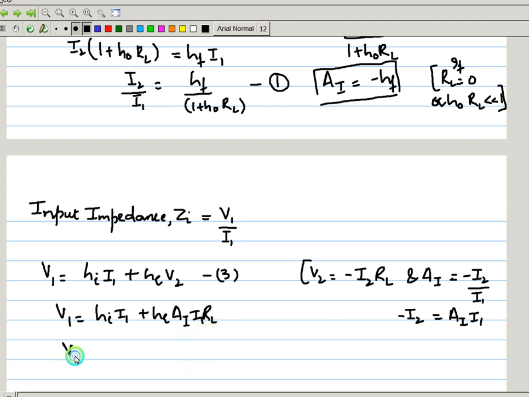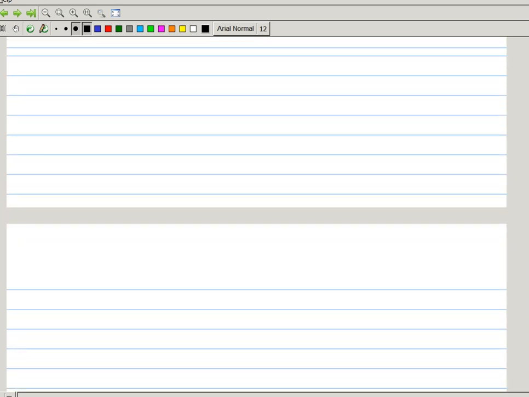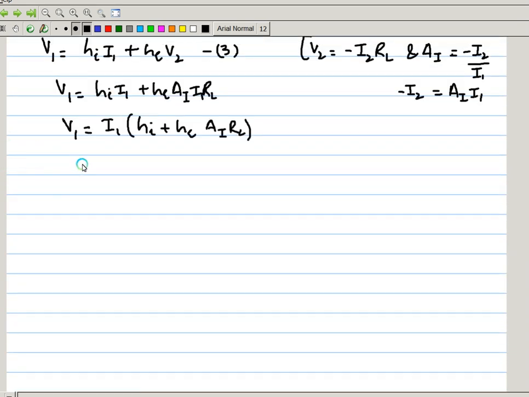So we'll take I1 as common and we'll write hi plus hr Ai RL. So the ratio for the input impedance V1 by I1 will be hi plus hr Ai RL. So this is actually your Zi, input impedance.